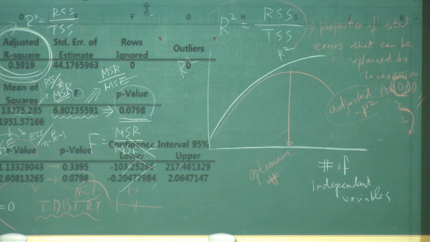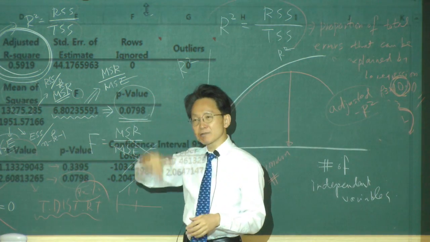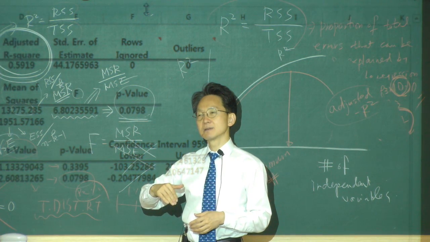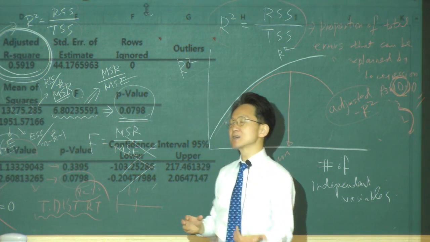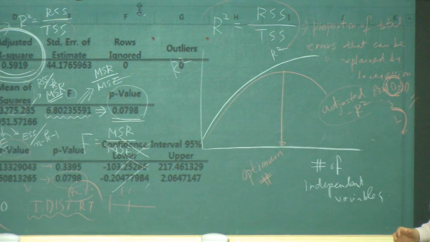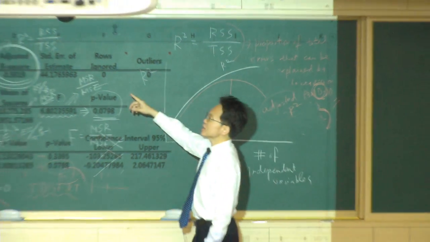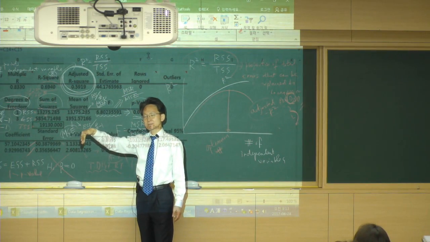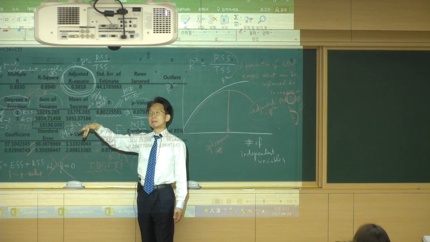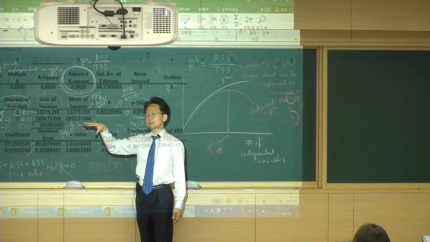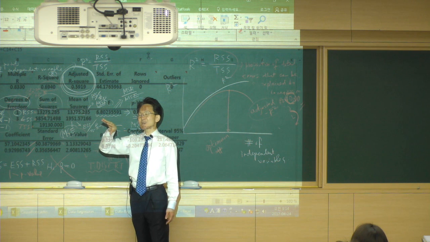So the original R squared never goes down. But as we increase the number of independent variables in our regression model, adjusted R squared will go down when the additional independent variable is actually useless.